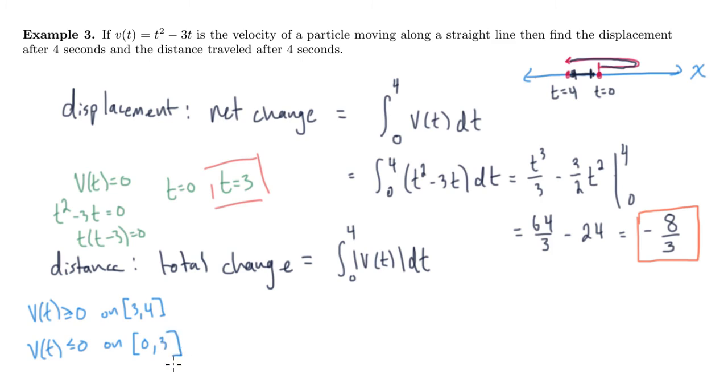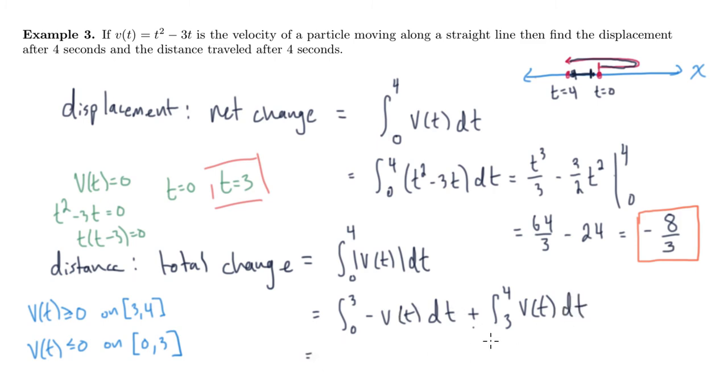This is similar to the reasoning we used when determining when a function was increasing or decreasing: when is the derivative positive or negative? It changes signs at a critical point, when the velocity is 0. So the total change is the integral of minus v of t from 0 to 3, because the absolute value is minus v of t where v of t is less than or equal to 0, plus the integral from 3 to 4 of just v of t.